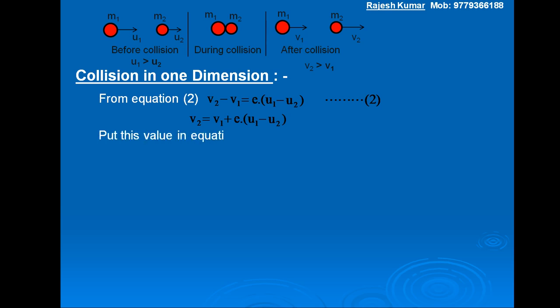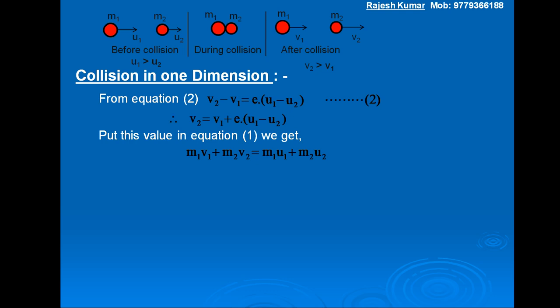Put this value in equation number 1. So we get m1 v1 plus m2 v2 is equal to m1 u1 plus m2 u2. This is equation number 1. Now put the value of v2.